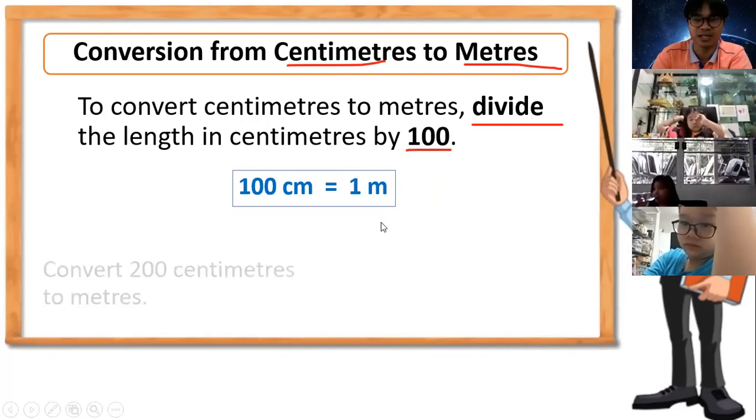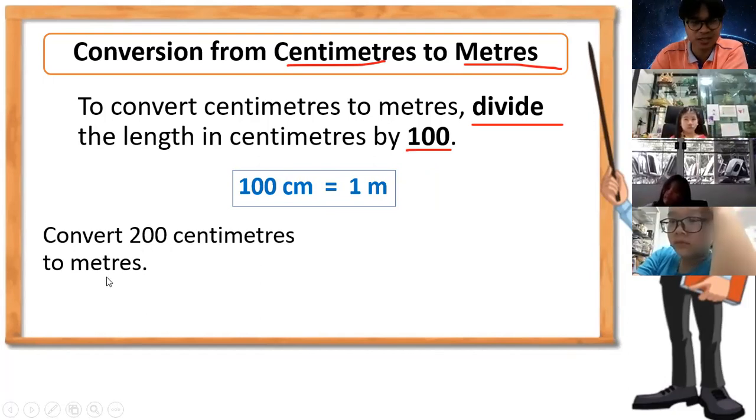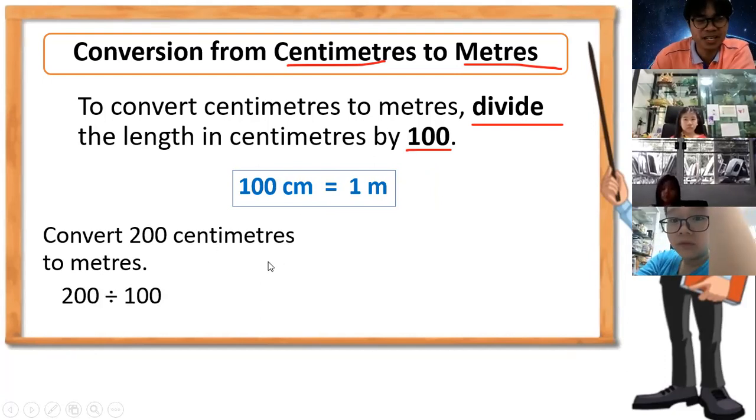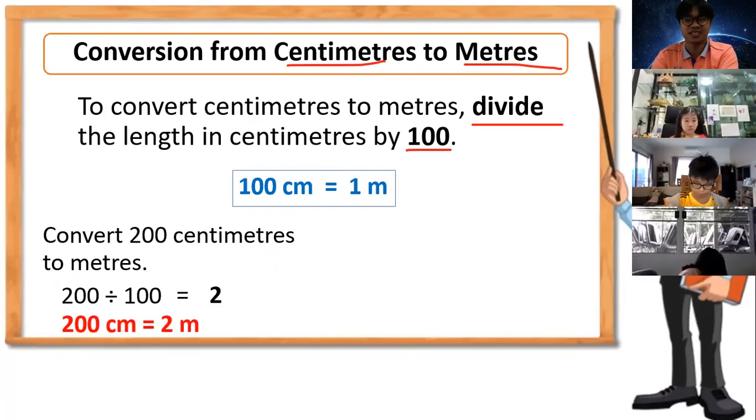Example, convert 200 centimeters to meters. 200 divided by 100 equals 2 meters. Very good. So just divide by 100.